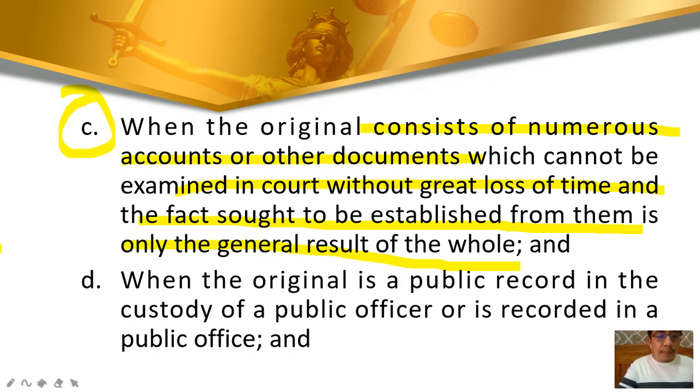Then letter D, the original is a public record in the custody of a public officer or is recorded in a public office. So for example, in land disputes, if you present a mere photocopy of the land title, that photocopy may be allowed by the court since the original thereof is a public record in the custody of the registrar of deeds.